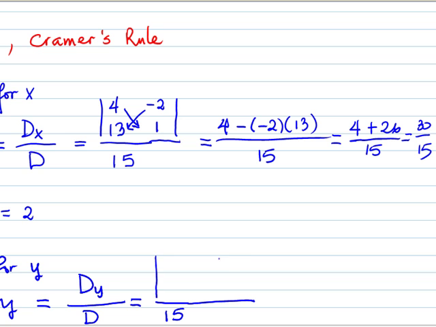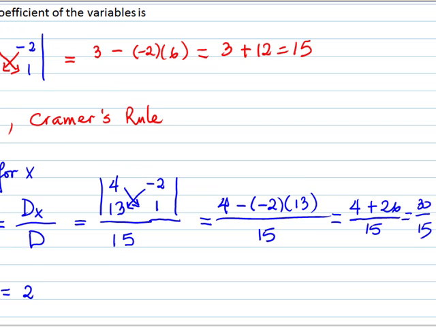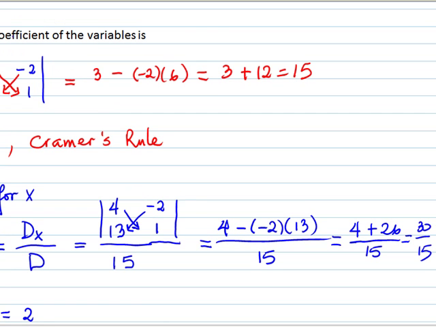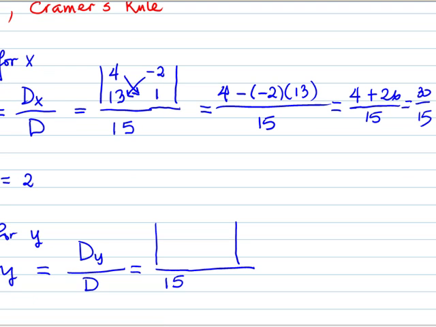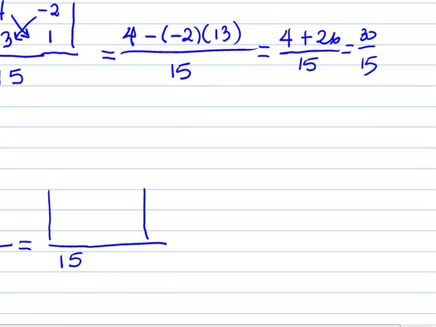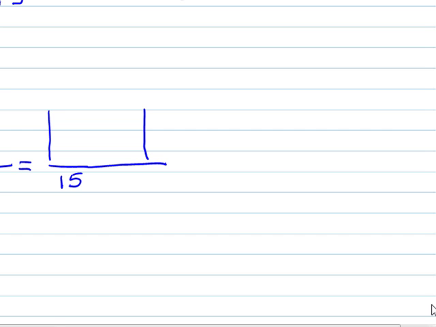Now, for this determinant, in the case here, you have to omit, so go back to our determinant D. So this is our determinant D. You omit the y coefficient, the coefficient of the y variable. So for the first column, you keep the x coefficients, which is 3, 6.